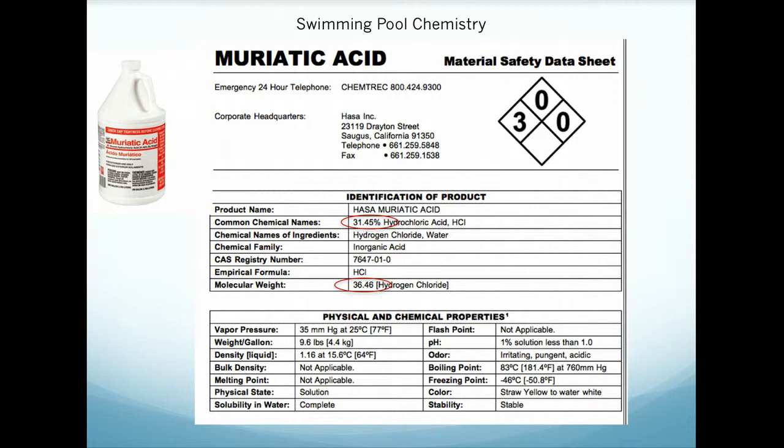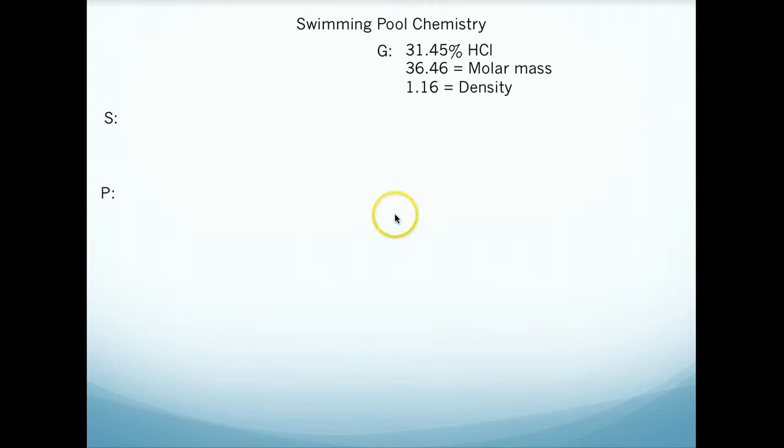And we also need to know the density. The density of muriatic acid is 1.16 grams per milliliter. And we talked about density in the very beginning of the year. So let's go ahead and write down our givens. It's 31.45% hydrochloric acid, the molar mass is 36.46 grams per mole, and the density is 1.16 grams per milliliter.